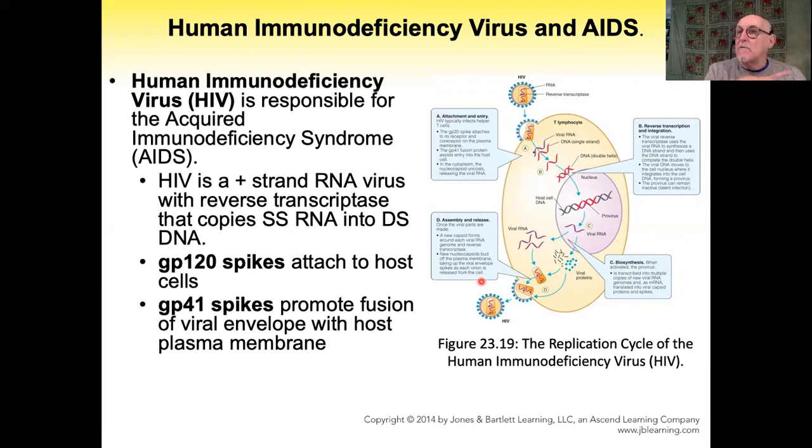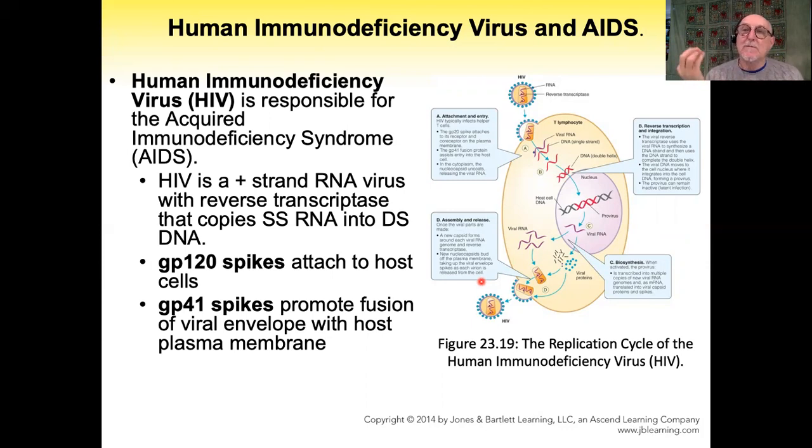Now, you remember that when we talked about transcription and translation, transcription is the process of taking DNA and producing RNA from it, a messenger RNA strand. Well, HIV has a positive RNA strand. It's just like a messenger RNA strand, but it also has its own specialized polymerase, which is called reverse transcriptase.